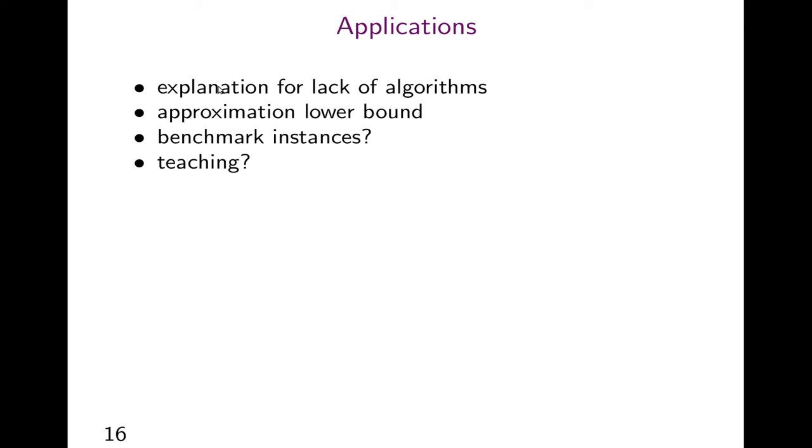Some surveys have more than, I think, 1,000 or 2,000 citations, but the number of algorithms is 3 or 4. It gives somehow an algebraic approximation lower bound. So if you don't want to use irrational numbers, you cannot even hope for an approximation better than 4 over 3.